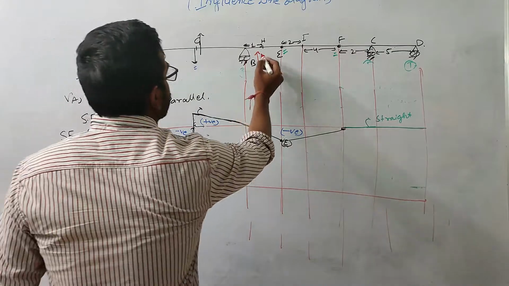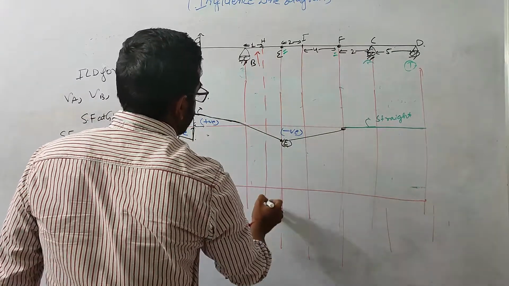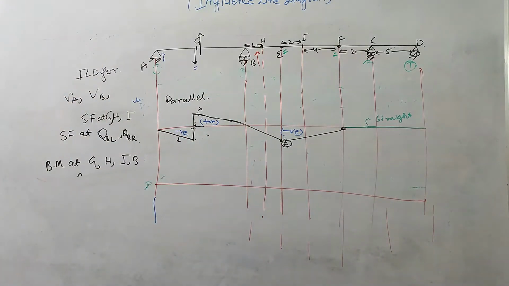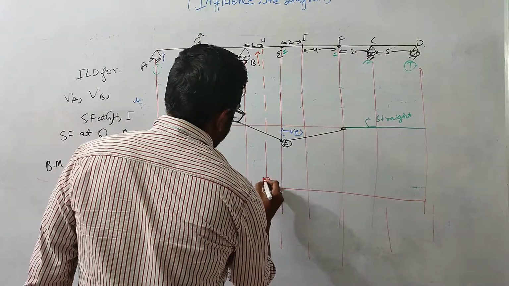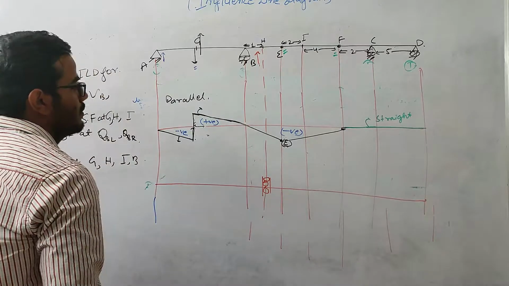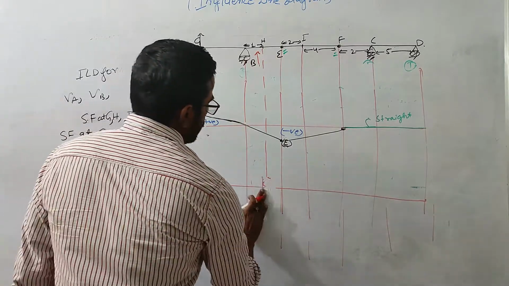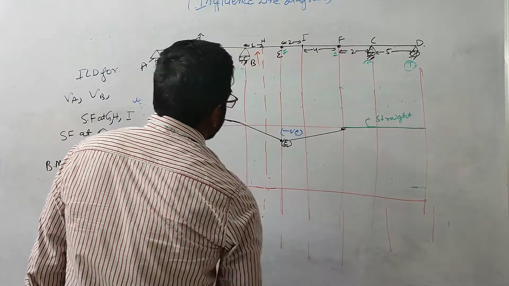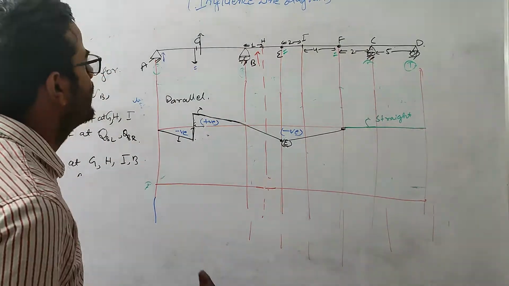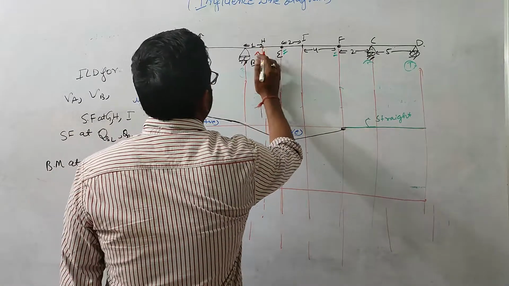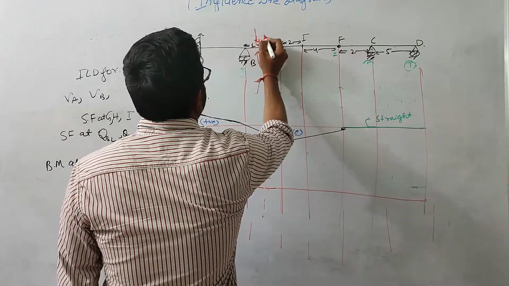At H we need to give the roller support. This is the way we will release the shear force. Now when we release the shear force over here, and give the unit displacement along the shear force at H, the shear force will look like this.